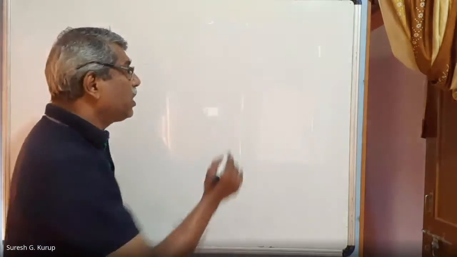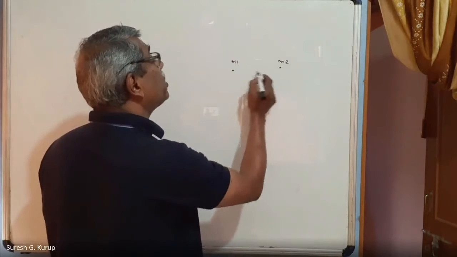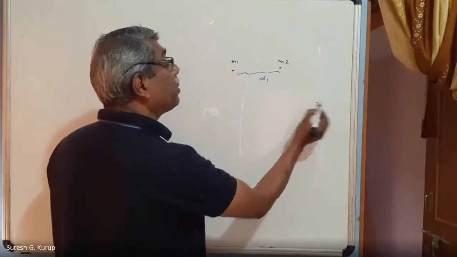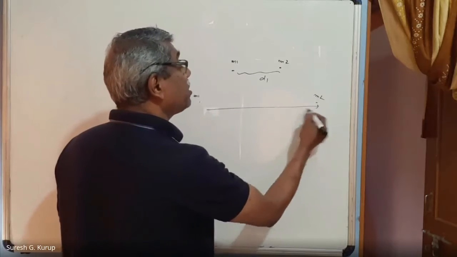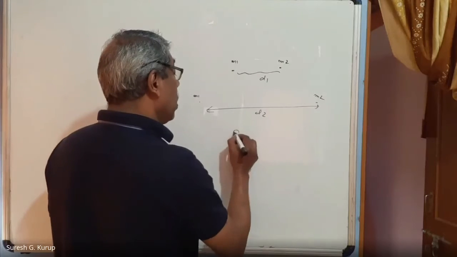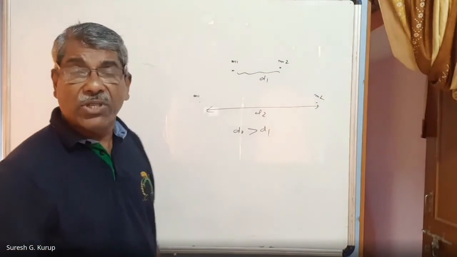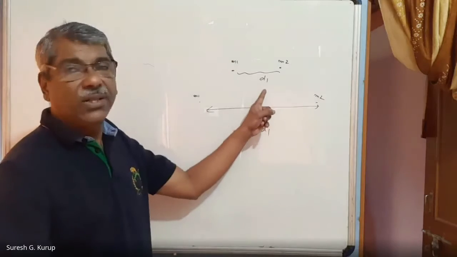Suppose that two bodies are kept at these two points. This body is M1, this is M2. Distance is equal to D1. Suppose the same particles are kept at a long distance. This is M1 and this is M2. The distance is D2. Now, D2 is greater than D1. So two bodies are kept in the same place, but when the distance is less, the force is more.